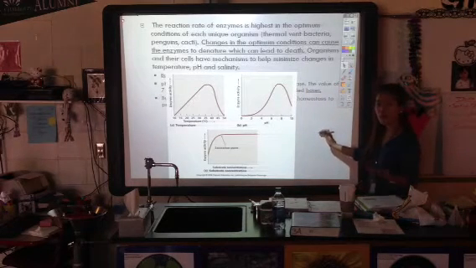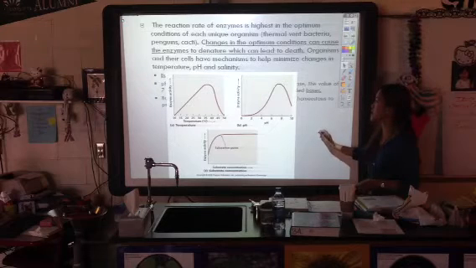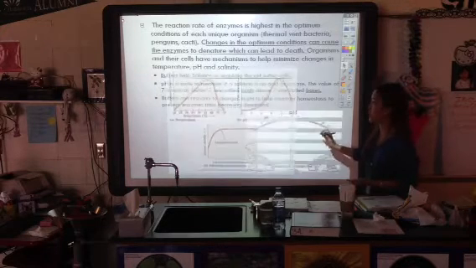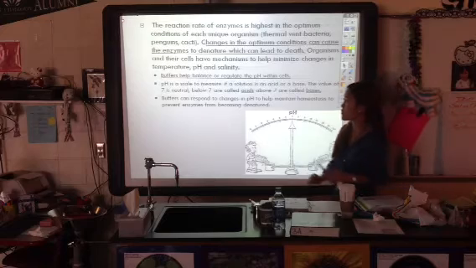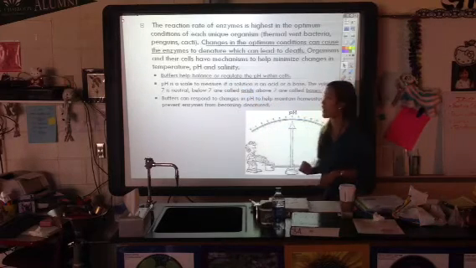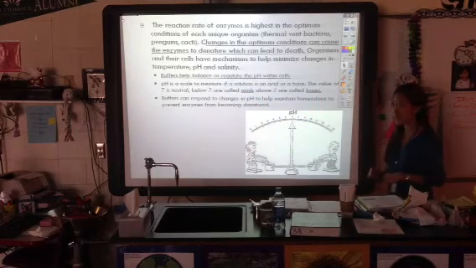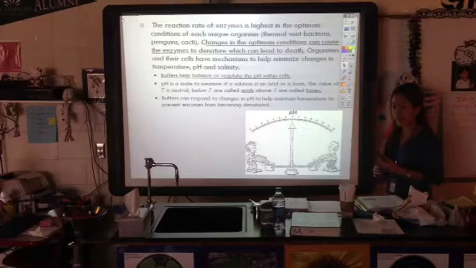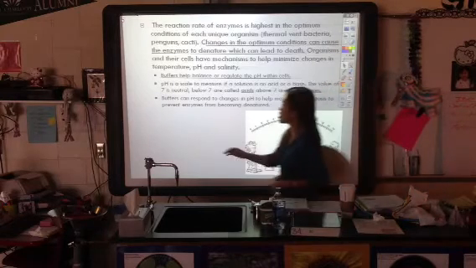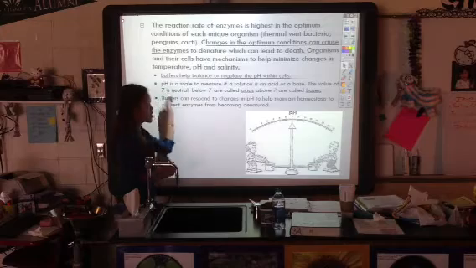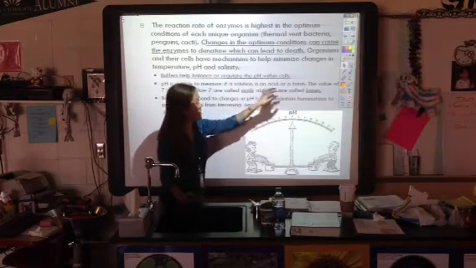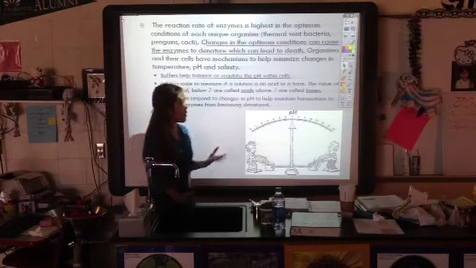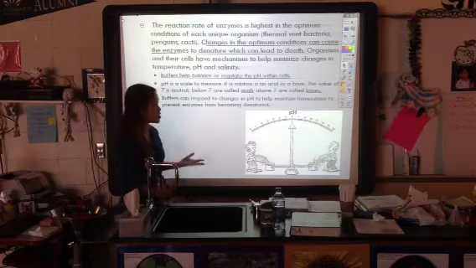But to help prevent changes in temperature, pH, or salinity, you have some tools or some molecules such as buffers that can help maintain that pH within cells. It helps to regulate pH. pH is actually how acidic or basic a molecule or a solution is.